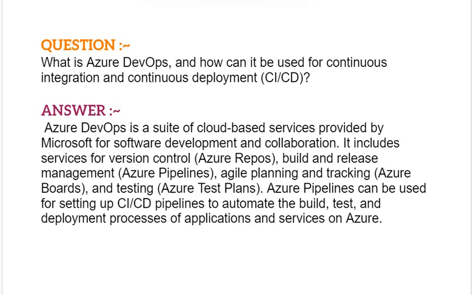It includes services for version control, that is Azure Repos, build and release management, that is Azure Pipelines, agile planning and tracking, that is Azure Boards, and testing, that is Azure Test Plans. Azure Pipelines can be used for setting up CI/CD pipelines to automate the build, test, and deployment processes of applications and services on Azure.